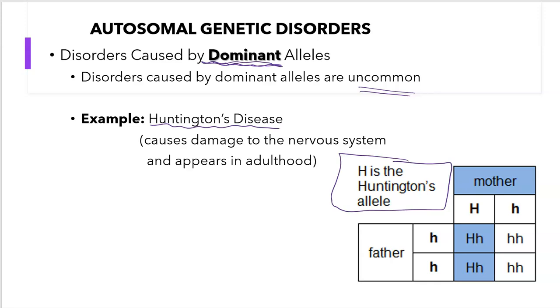The reason why it's more common is because Huntington's disease has similar symptoms to dementia, but it doesn't appear until adulthood. So patients usually don't know or realize that they have it until after the age of having children. So they could pass it on to their children because it is dominant. And they may not know until later on in life, but it is more commonly tested for now that we know it's genetic and linked in families.